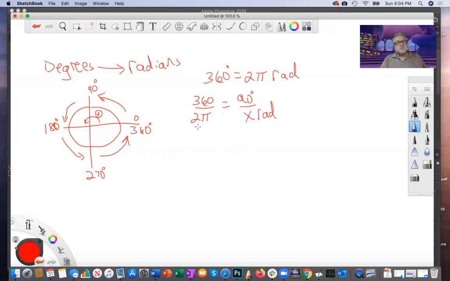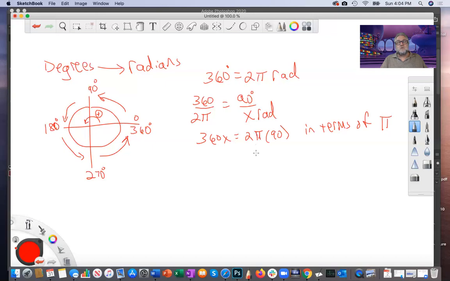Now you can remember a conversion equation and do it any way you want. I just do this so I never have to think about it. I'm just using simple ratios. Okay, so to solve for this, I'll cross multiply. 360x equals 2 pi times 90. If it asks for the angle in terms of pi, then that means leave the pi there like it's a variable.